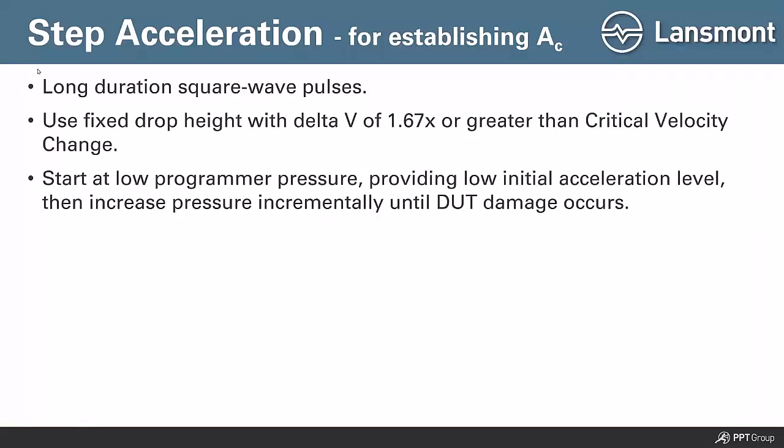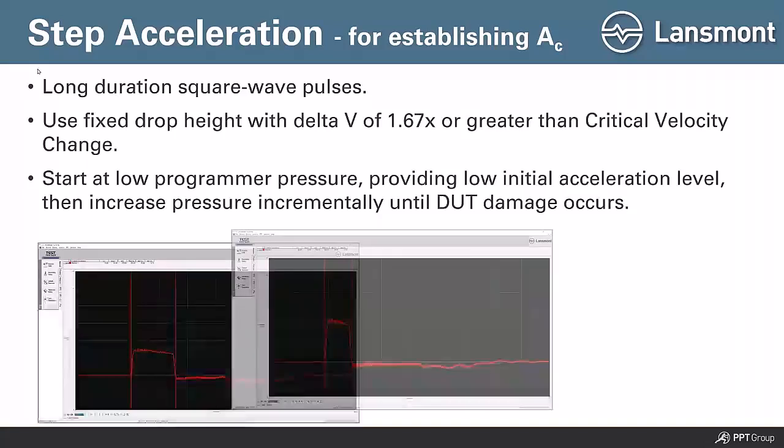And then what we now control and vary is the amount of pressure we put in those damage boundary programmers that are underneath the table that have the pistons in them. And by varying the pressure, starting at a low nitrogen pressure, we control the amount of G's that get transmitted up through the table into the product, or in our case, that spring mass system.